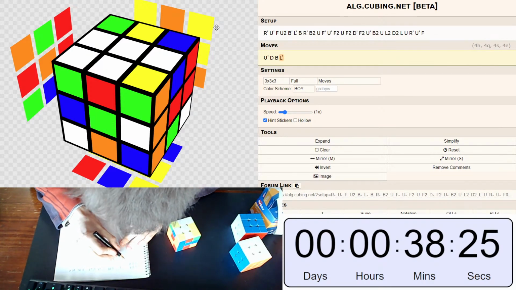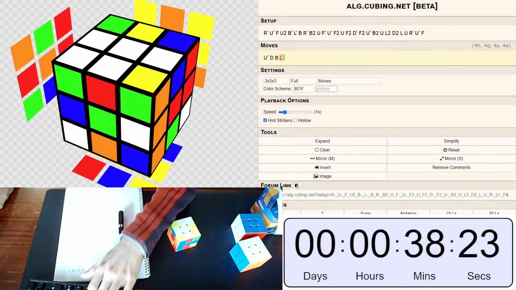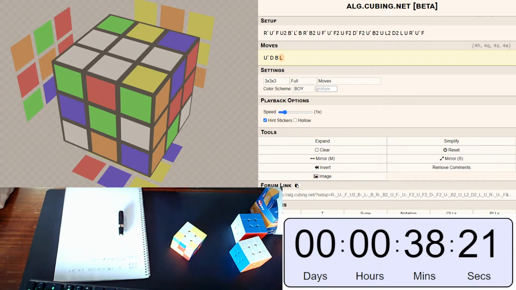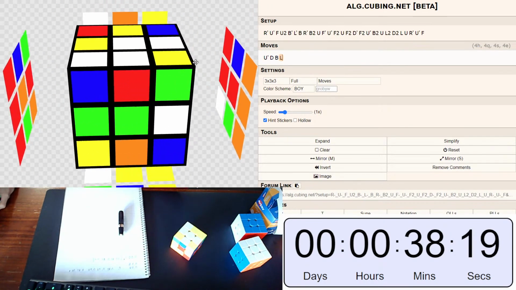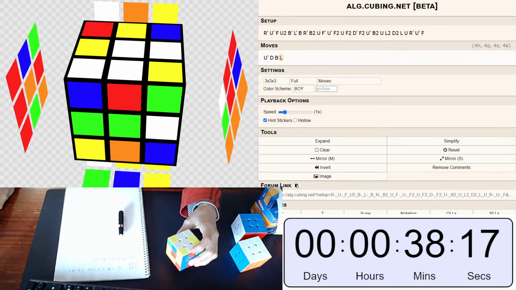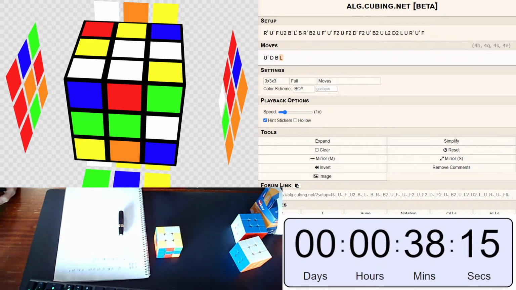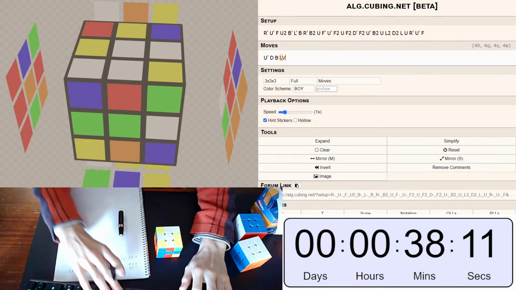So if I'll cross out this L prime, I'll go L. D prime.